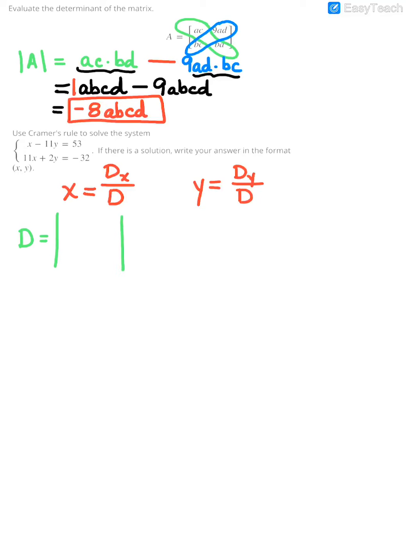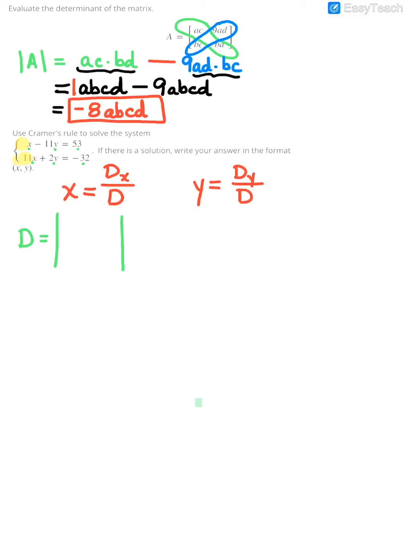And the numbers in our matrix are going to come from the coefficients of our variables. So first, notice that our equations in our system are in alphabetical order. X is first, followed by y, and our constant is on the right-hand side. So you have to have your equations set up that way. So when I look at my coefficients of the x term, I notice that I have a 1 and an 11.